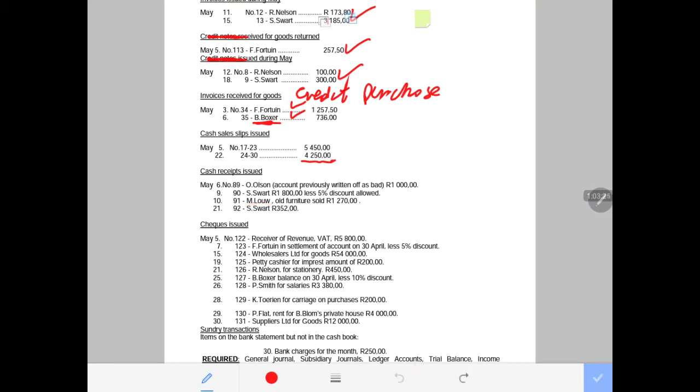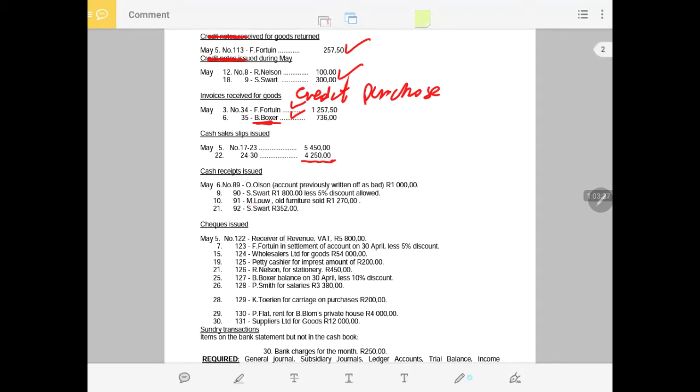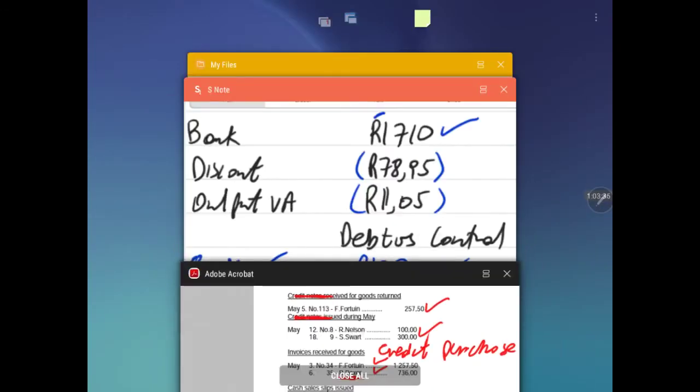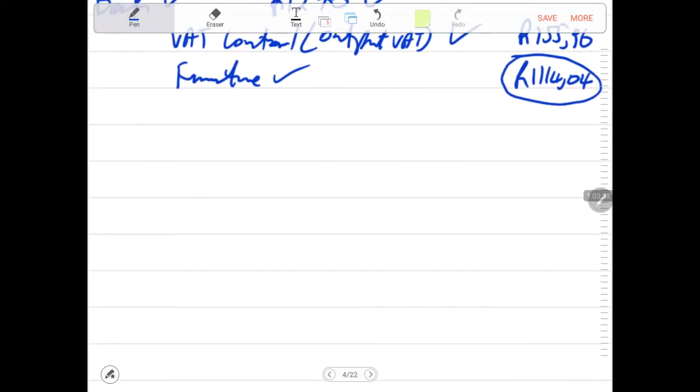That is details. So we now have SWAT. Remember, we received cash from who? From SWAT. SWAT is our debtor. So now when you receive money from a debtor and there's no discount, very easy. You debit bank, you credit debtors control.